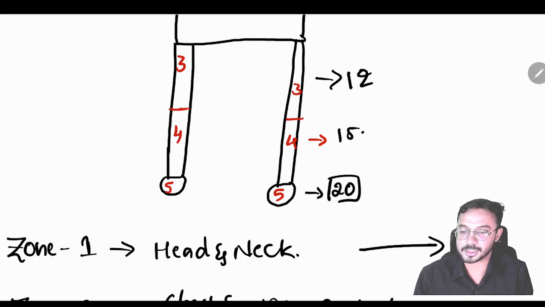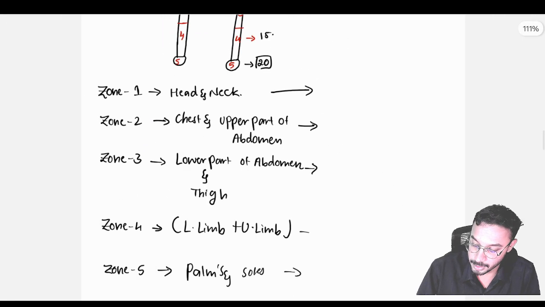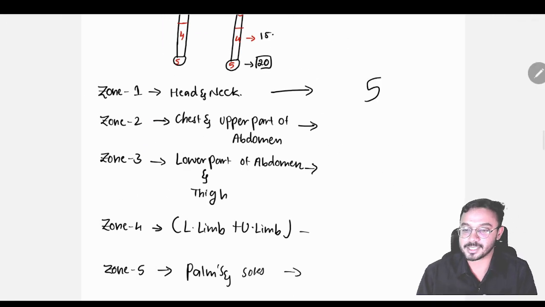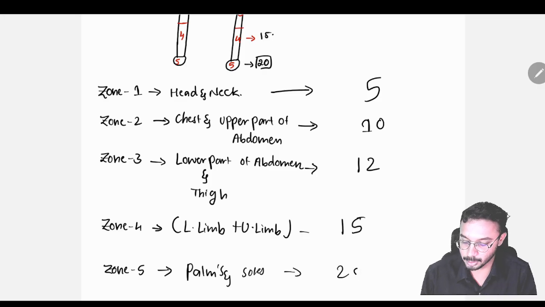These are very important values that you have to keep in your mind. Kramer's rule is very important. Zone 1, as I taught you, is head and neck, and the value is 5. Between the chest and upper part of the abdomen, the value is 10. From the lower part of the abdomen to the thigh, 12. Then 15 to 20 for lower limb to upper limb.